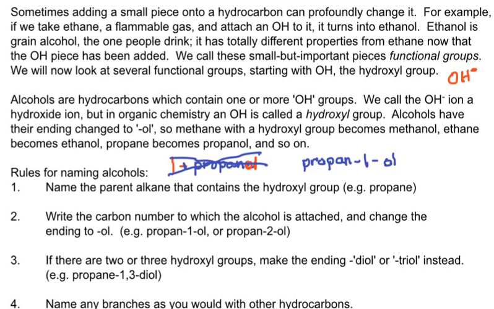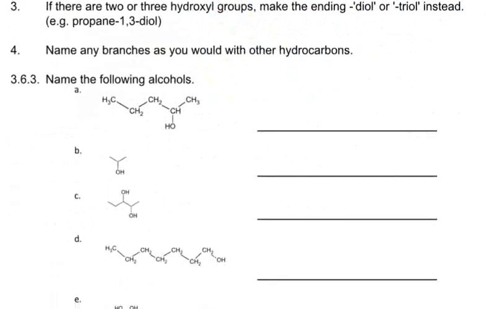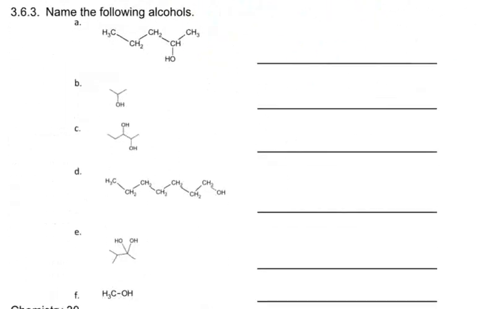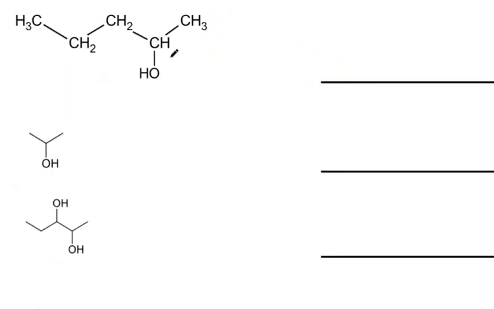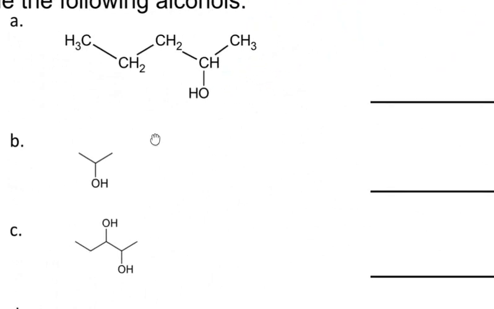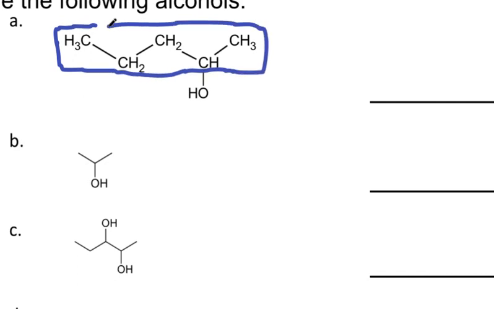Okay, who's excited? Let's try some of these. Alright, that's a little small. Zoom in a bit. So, as usual, start with your primary. You see here, as soon as you see an OH or an HO, you know it's an alcohol, but focus on the primary. Our primary chain here is 1, 2, 3, 4, 5 carbons, and so in simpler days we would call this pentane.